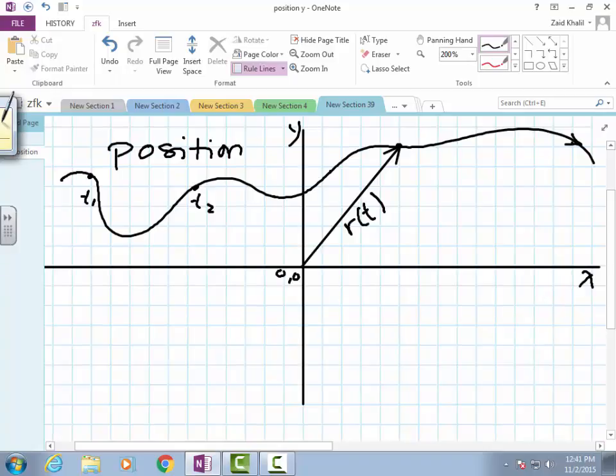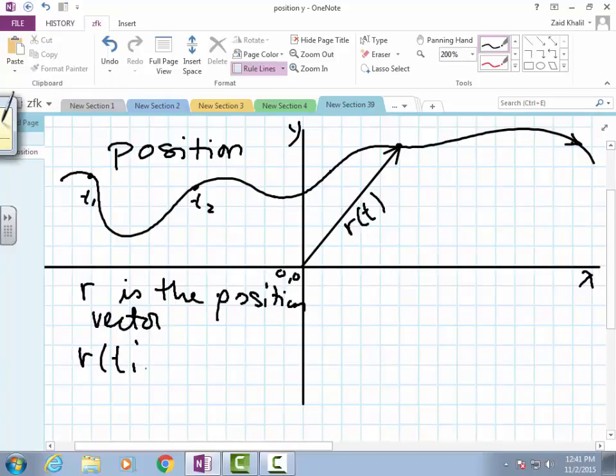where r represents what's called the position vector. So notice r of t1 is not equal to, I don't know, r of t5. Here's t5. It's not the same position, right?